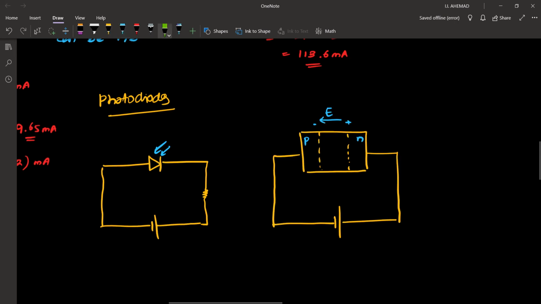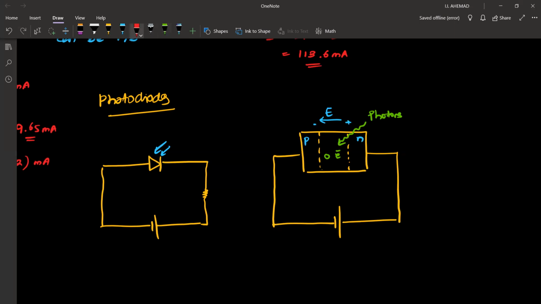Now here, what happens is when light falls on the junction, we know that light is photons, right? When photons fall on this junction, they emit electrons. The electrons absorb that energy and come out. When an electron comes out, a hole will become available, right? Now, it is in the electric field.